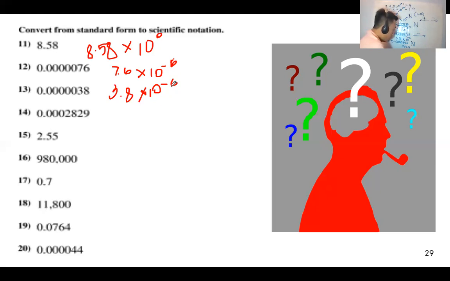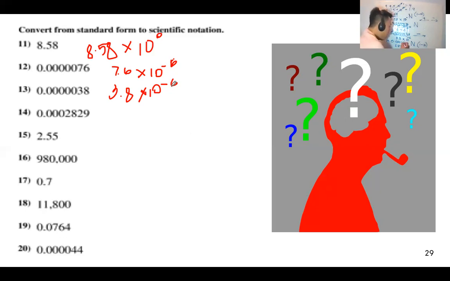Or 2.829? Remember, our n is in between 1 and 10. So, saan dito yung number na in between 1 and 10? That is the third number, which is 2.829. So, therefore, our n is 2.829.